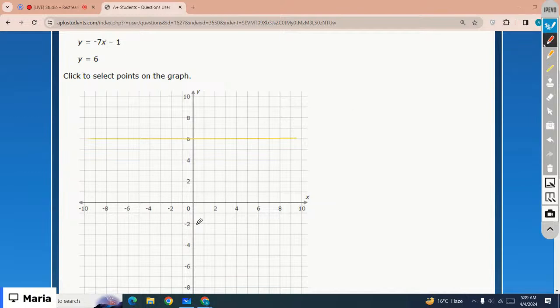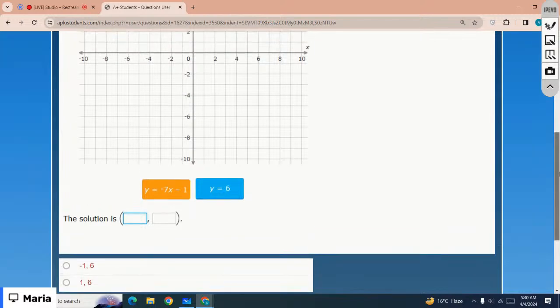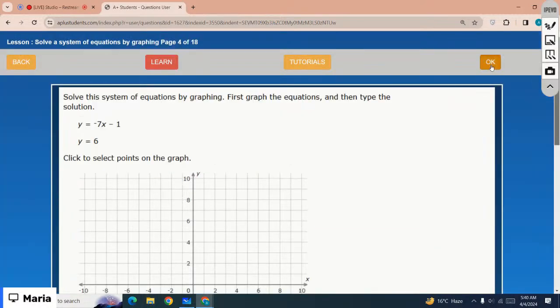X is 0, y is negative 1. Here it is. The slope is negative 7. That means you need to move down 7 points and right 1 point. It would be here in the second quadrant. The solution must be negative 1 and 6. Option number 1 is the correct option, right? The solution is negative 1 and 6.